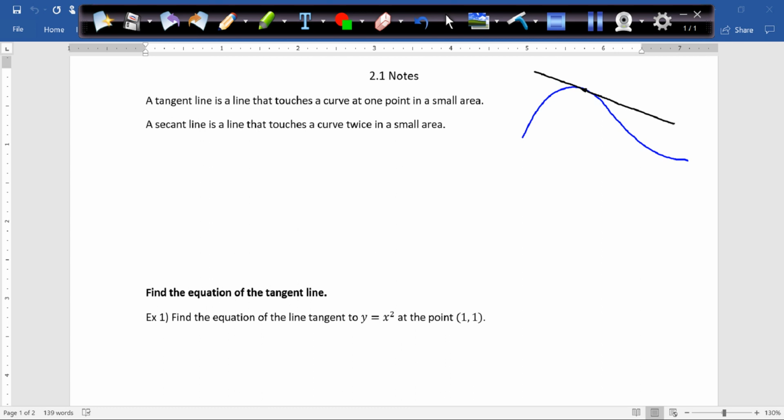This is our tangent line. It's touching the curve at this one point in that small area.